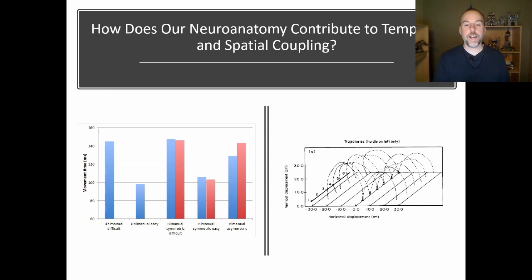So in the last module, we saw lots of examples of spatial coupling, temporal coupling, and spatiotemporal coupling. On this slide, we can see Kelso's first experiment, where he showed temporal coupling for bimanual asymmetric movements.